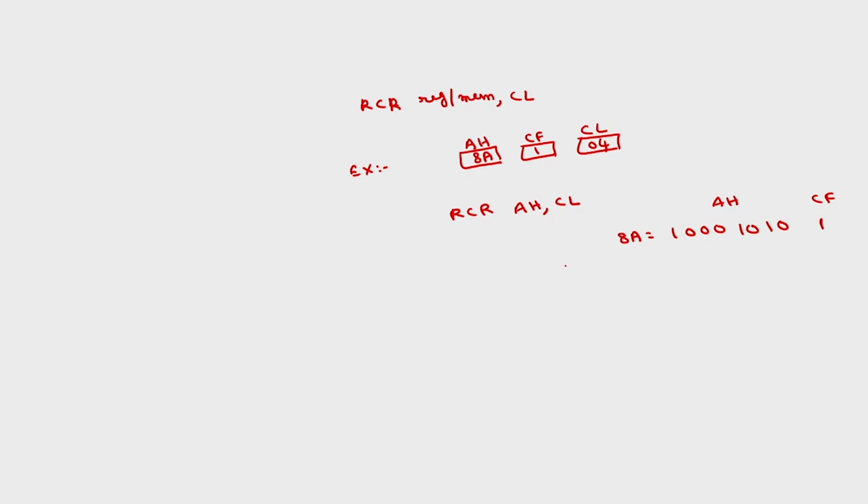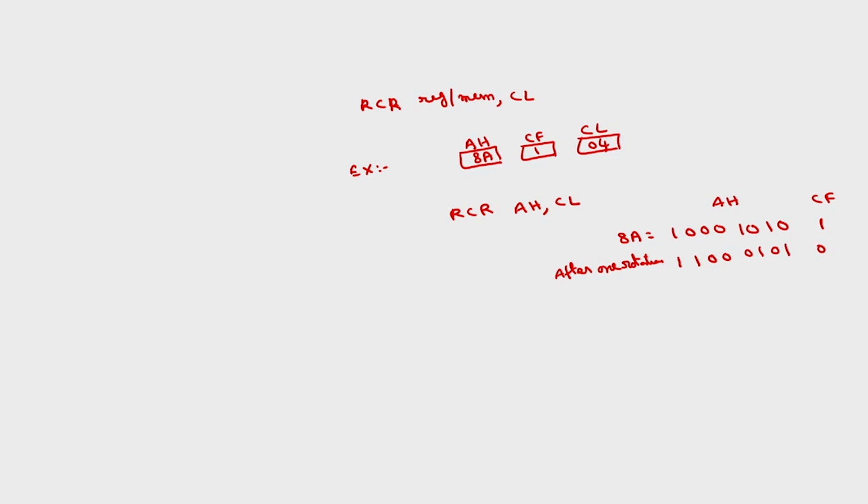So, after one rotation, what will be the contents of this one? As I have explained in the previous class, the contents of carry will come here and each bit will move towards right by 1 bit position. So, this becomes 1100 0101, carry becomes 0.